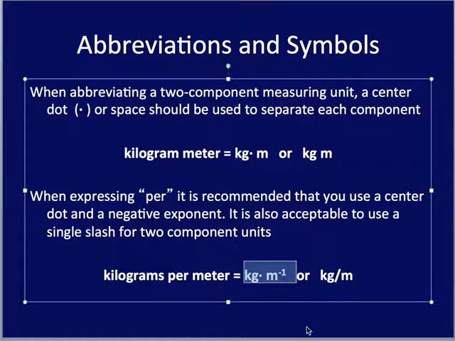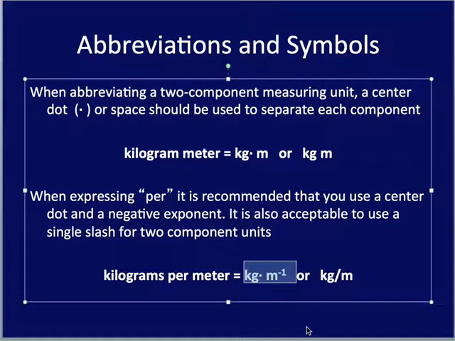Kilogram dot meters, minus one exponent. Now this isn't exactly VO2 right here, but I'll get into that in a second. But what that basically means is kilograms per meter.